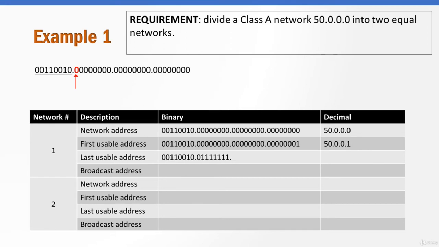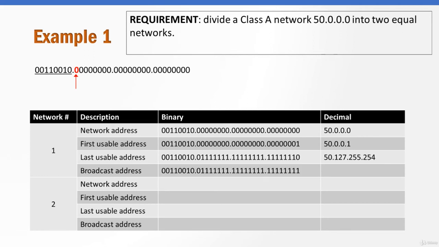So this is what that will look like. We copy the network portion, which are the first 9 bits, and then we use all 1s, but the last bit is still going to be 0. And in decimal numbers, that's 50.127.255.254.